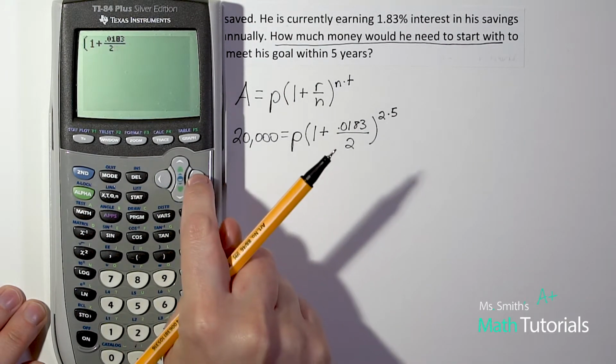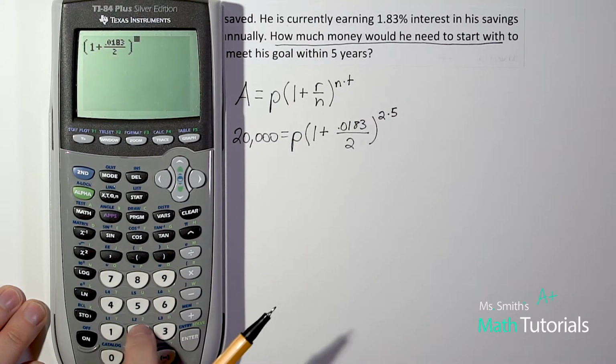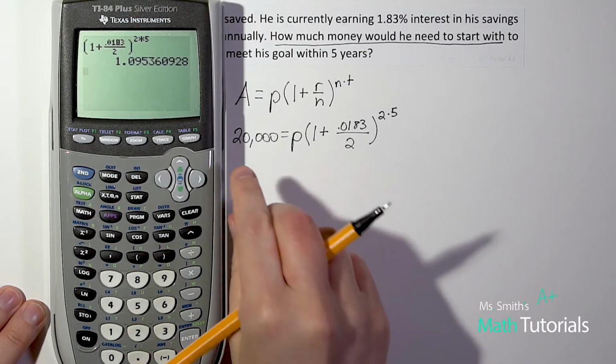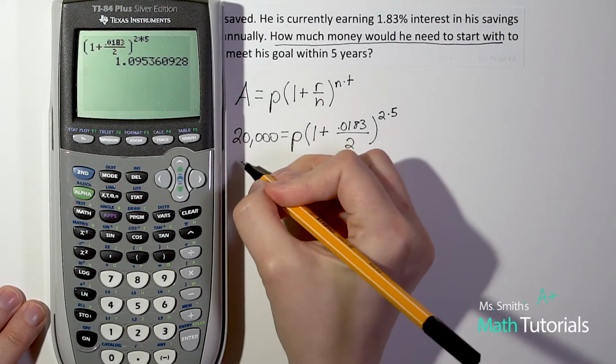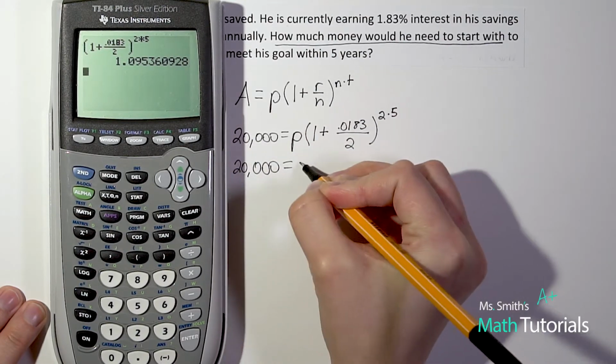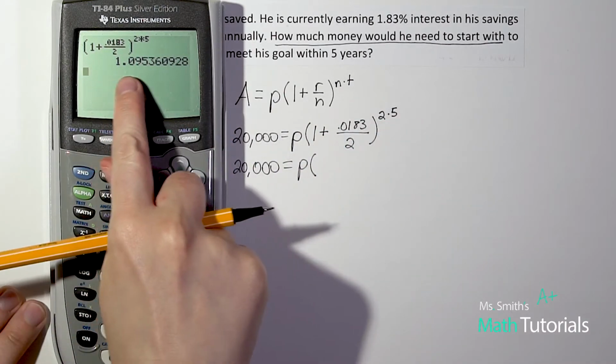Denominator would be 2, and to the power of 2 times 5, or just 10. Let's see what that part is. Okay, so at that point, I have got 20,000 equals P times, and we've simplified this to this decimal.